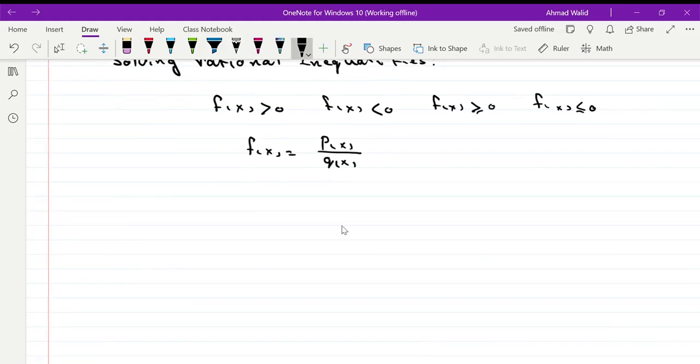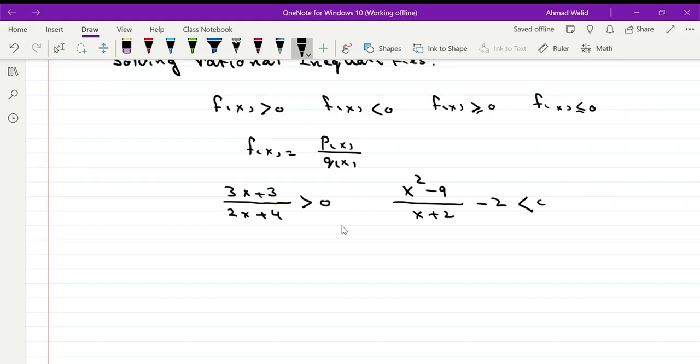For example, if I have 3x plus 3 over, let's say, 2x plus 4 greater than 0, I call this inequality a rational inequality. Or x squared minus 9 over x plus 2 less than 0.